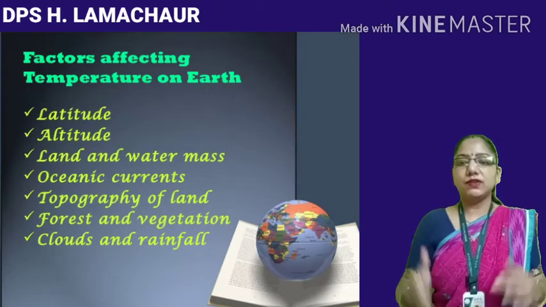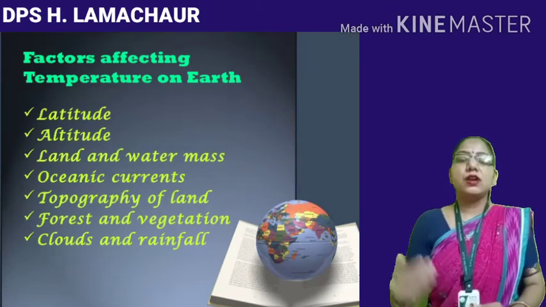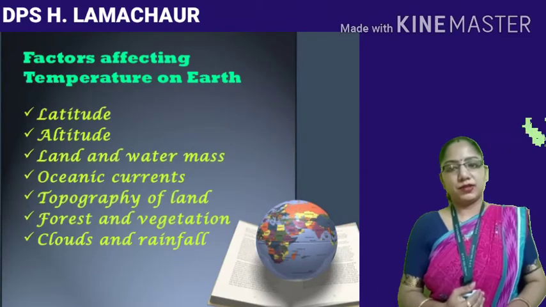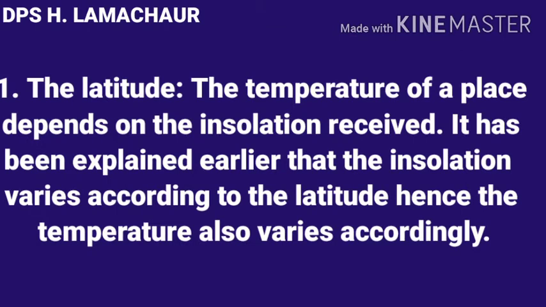First of all, we will see how latitude affects the distribution of temperature. The latitudinal location of a place has a close influence on insolation, which determines the temperature. In general, the lower the latitude of a place, the more solar energy it receives annually.